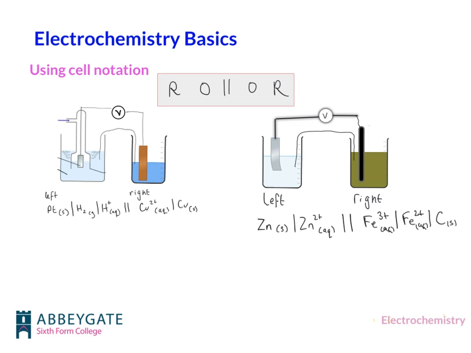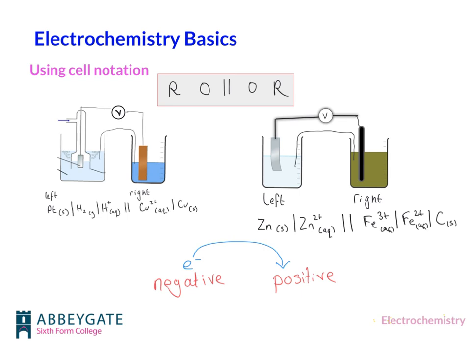Now, the standard way of drawing these half cells, drawing the diagrams and writing out the notation, is that you put the negative electrode on the left-hand side. So negative goes on the left and the positive electrode goes on the right. You don't always know which is which, but you can find that out. Then the electrons move from the negative electrode to the positive electrode.